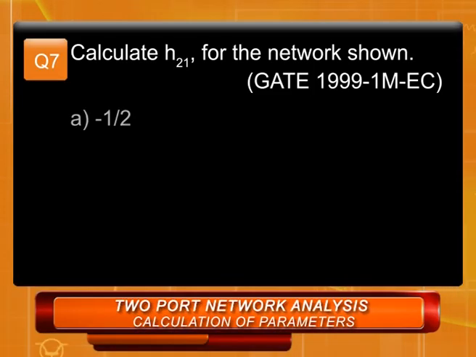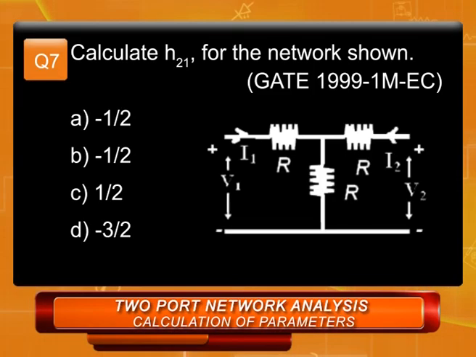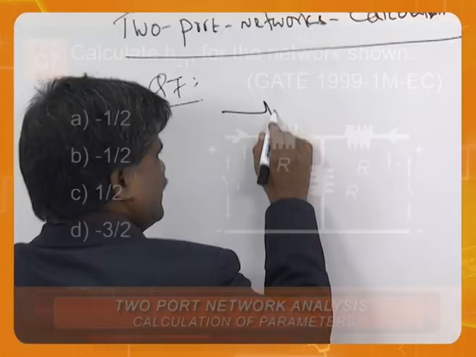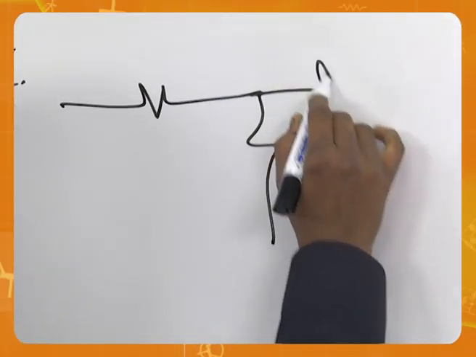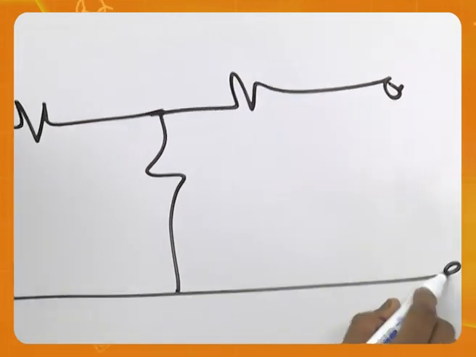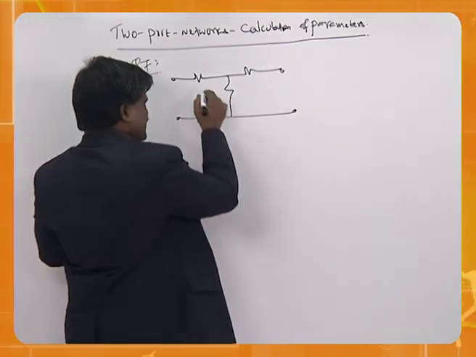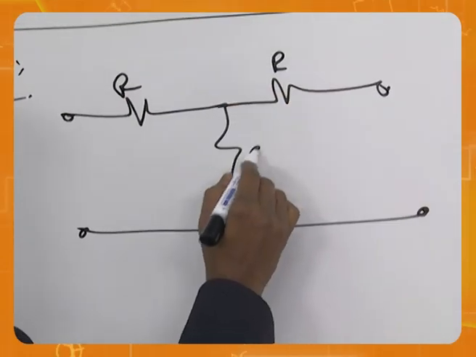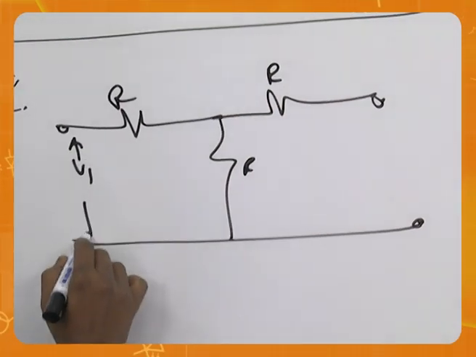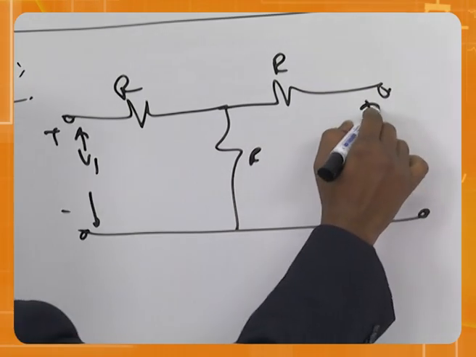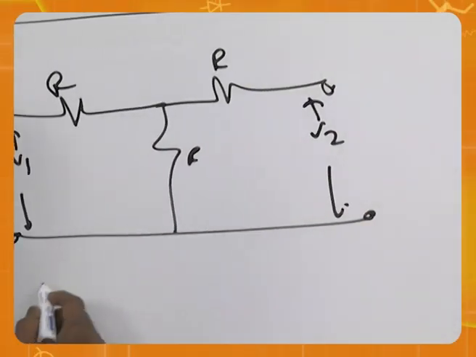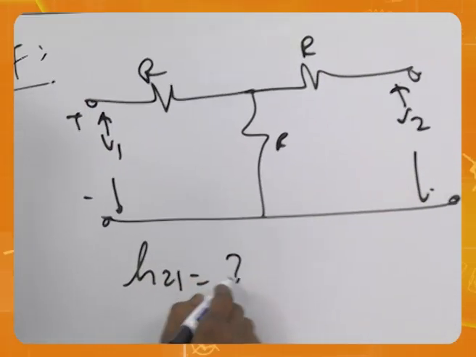Calculate H21 for the network shown, GATE 1999, 1 mark, EC. Let me see what this circuit is. The circuit is basically a T network. He gave all the values as equal, with V1 and V2 here. He is asking H21.